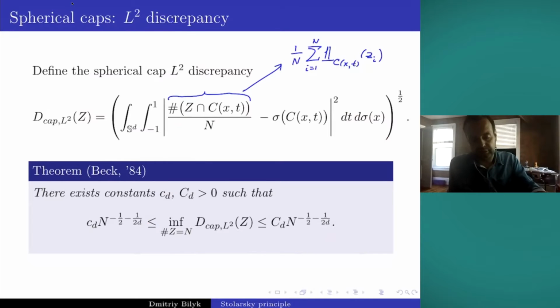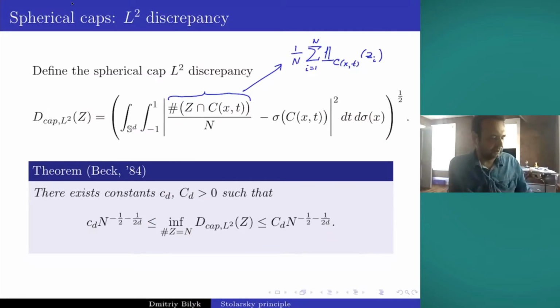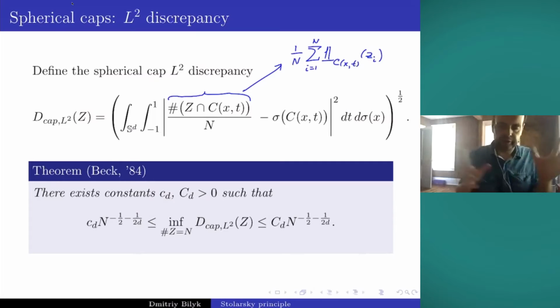And again, the upper bound is achieved by jittered sampling. I won't go into details, but this is a semi-probabilistic construction. Basically, you choose a regular equal area partition and choose a random point in each part. Well, what is nice about the L2 discrepancy is that there are several things.